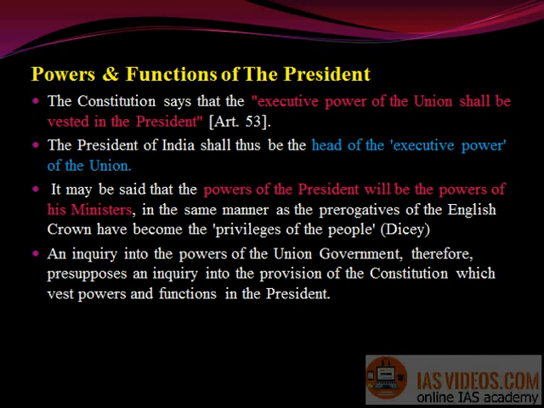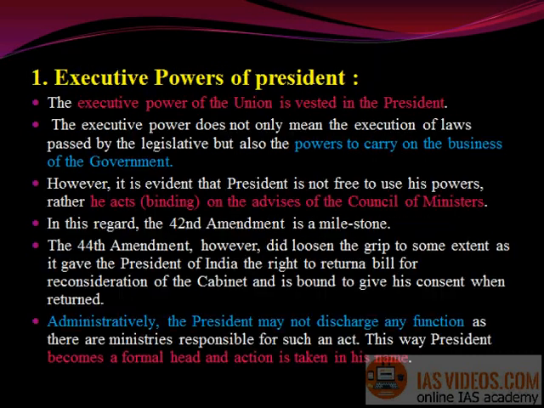It may be said that the powers of the President will be the powers of his ministers, in the same manner as the prerogatives of the English Crown have become the privileges of the people. Dicey. An inquiry into the powers of the Union government, therefore, presupposes an inquiry into the provisions of the Constitution which vest powers and functions in the President.